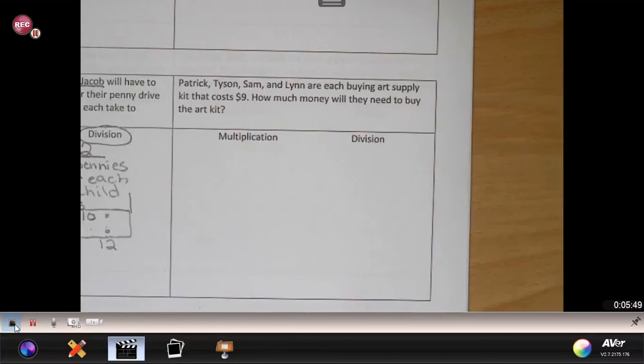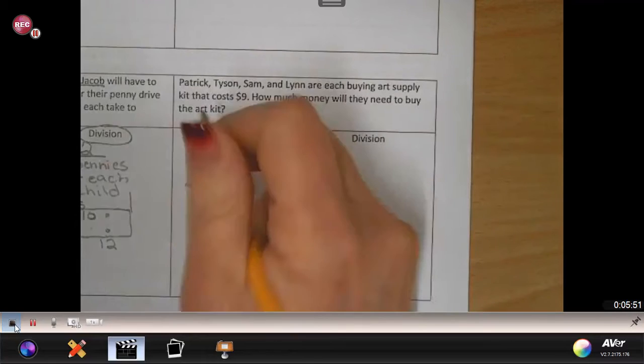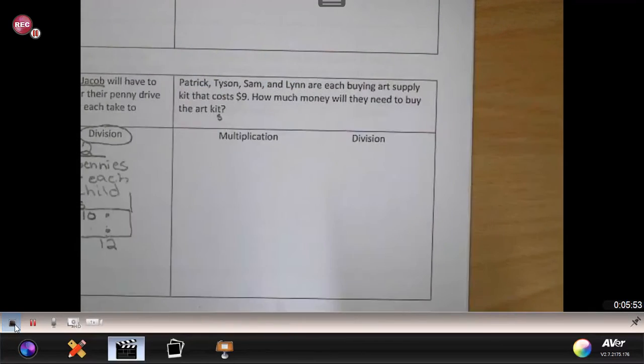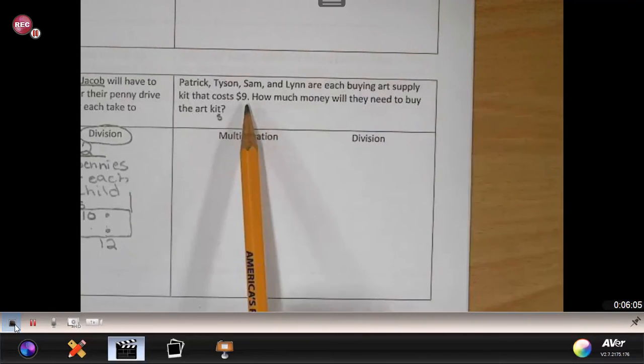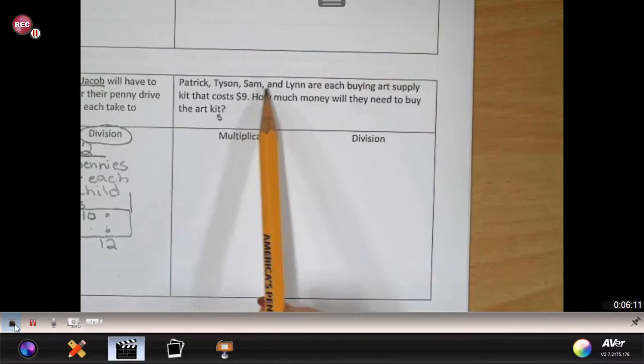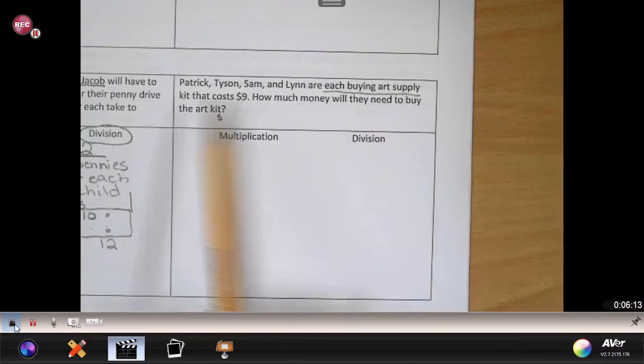Or art kits, I guess we should have said here. Kits, art kits. So in this case, we know how much each one of them is going to spend, and we know that there's 4 people that are going to spend this money. Now, notice it's not saying that they have $9 to spend between all of them. It's saying that they each are buying the kit for $9.